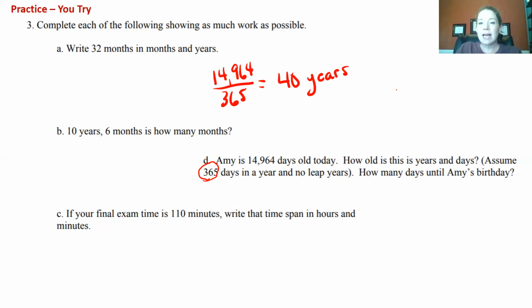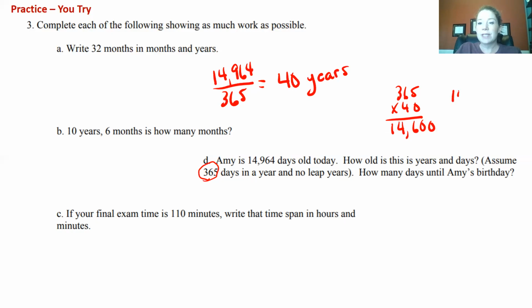So if we multiply 365 times 40, what is that? 14,600. So how many days are left over?